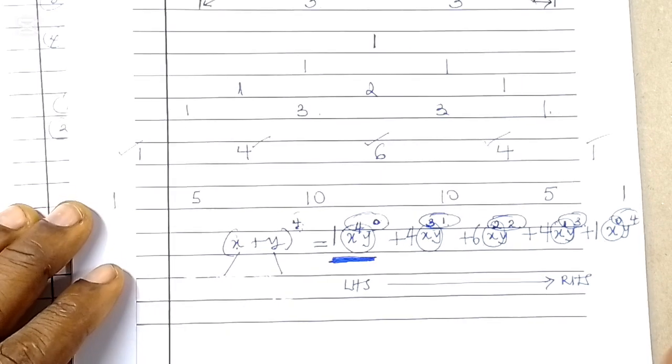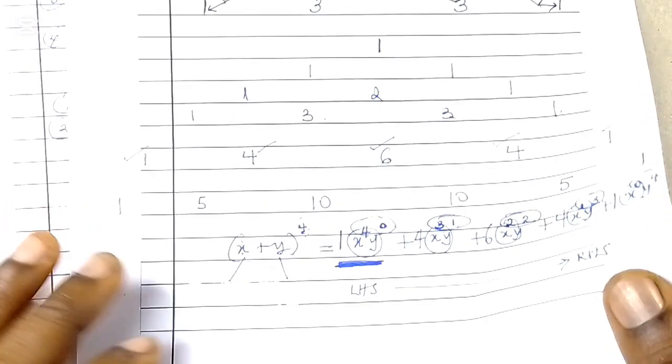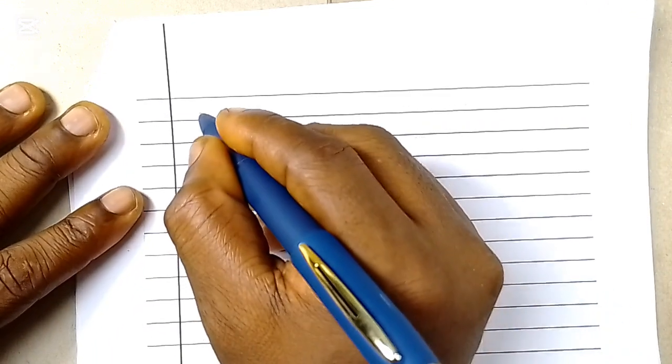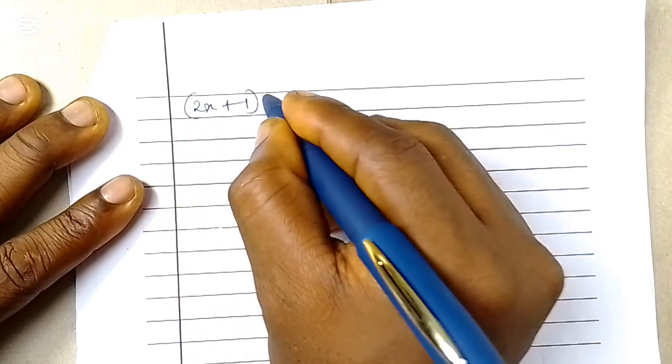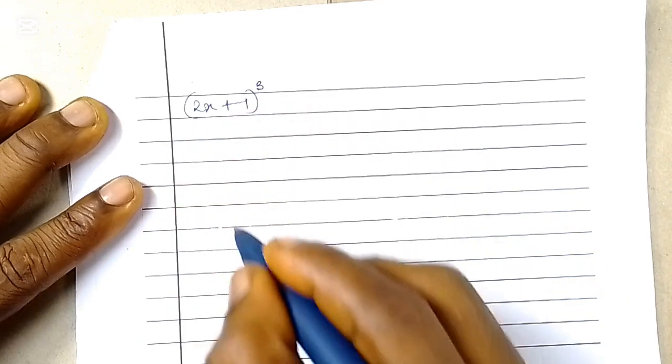Okay? So, this is Pascal's triangle. Now, I'm going to use Pascal's triangle to solve several problems here before we go into binomial expansion. So, let's use Pascal's triangle to solve a few problems. Let's expand 2x plus 1 raised to the power of 3 using Pascal's triangle.